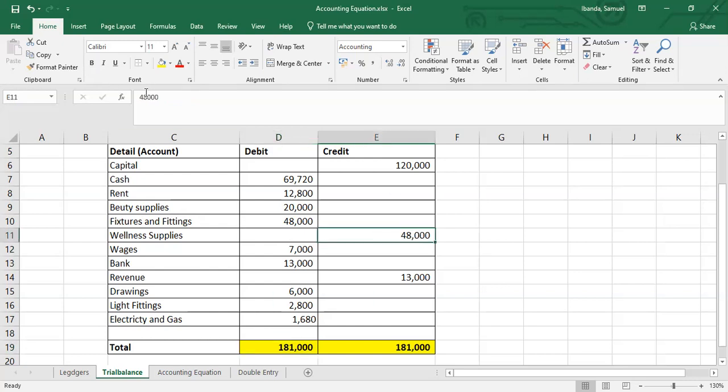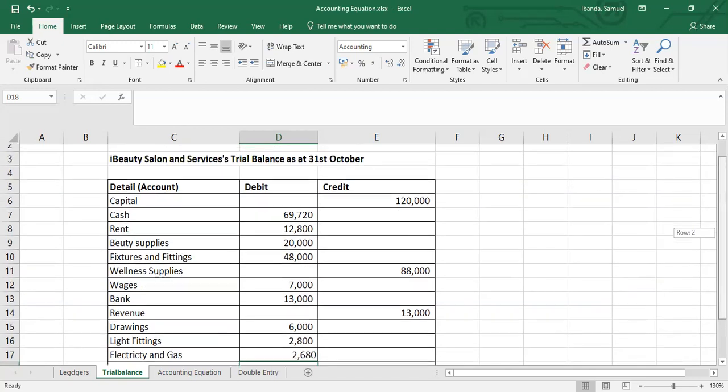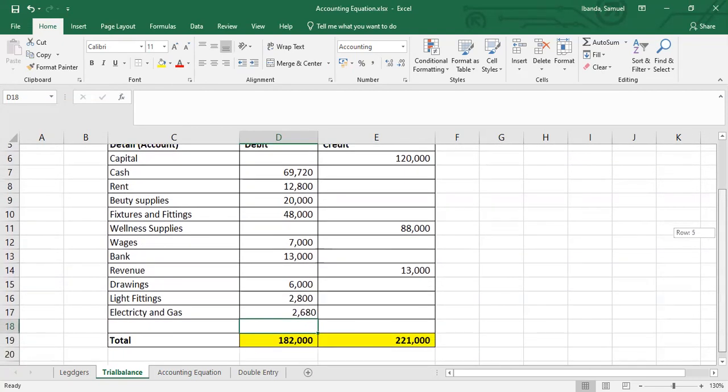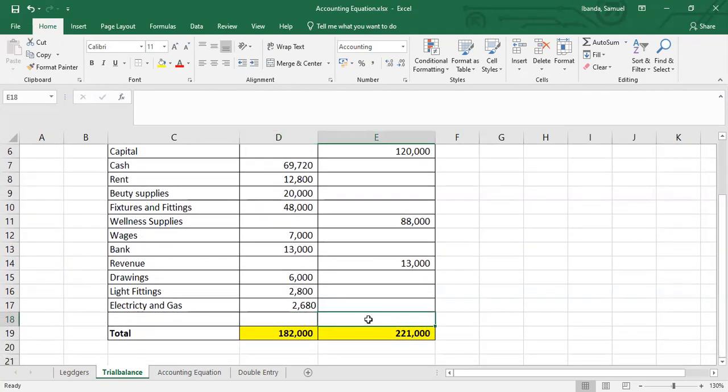Let me assume this was 88, and let's say this was 26, like that. Once you have your trial balance in such a case, it means that there are some errors that you've made along the way.